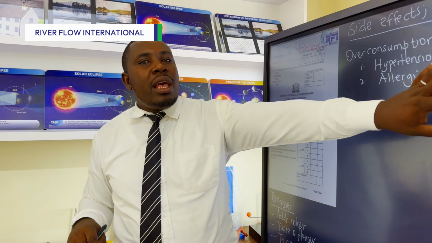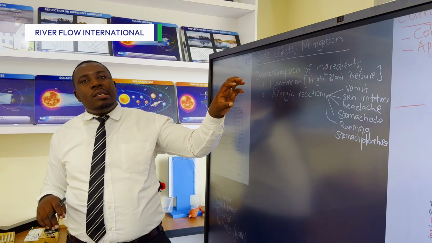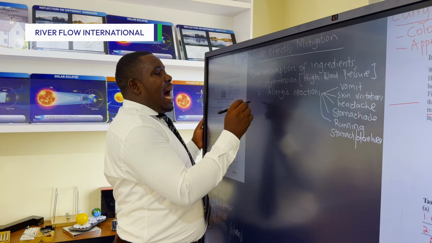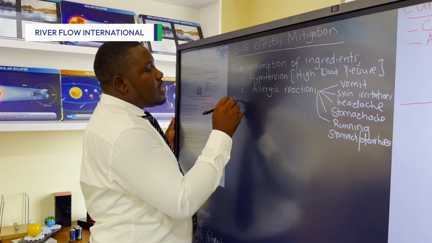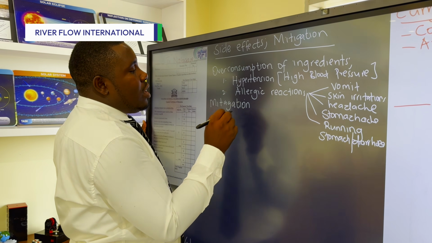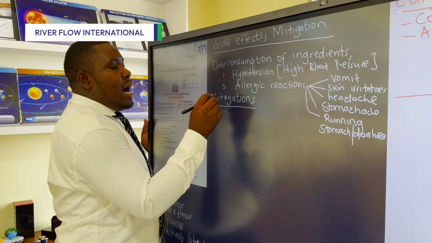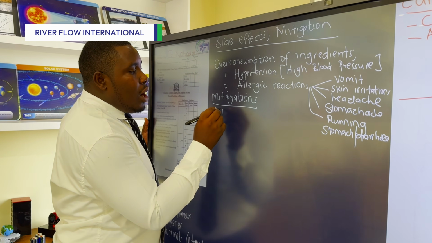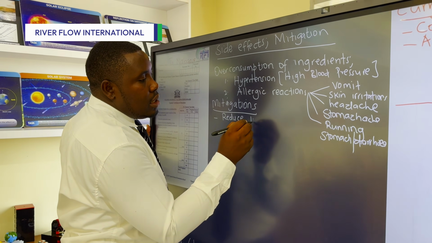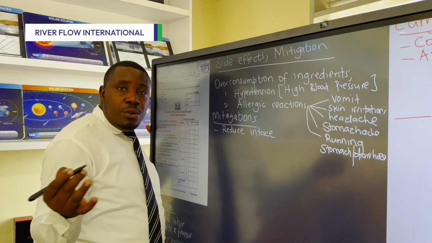So if you get any of these signs when you eat certain food, especially these ingredients, you know you are having an allergic reaction to that. And the general mitigations, before we go into one by one. General mitigations: one, you have to reduce intake of these.